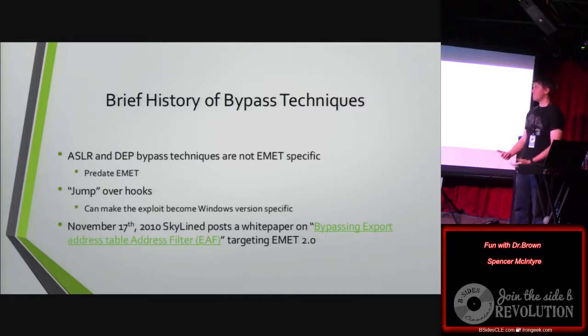So one of the popular techniques I've seen to get around these is to simply jump over those hooks. While those work in some key edge situations, primarily if the deep hook setting is off, that does sometimes make the exploit target a specific version of the Windows DLL that the protected function is contained within.